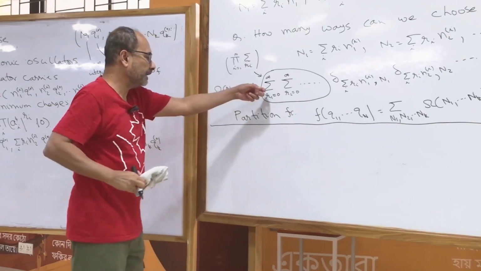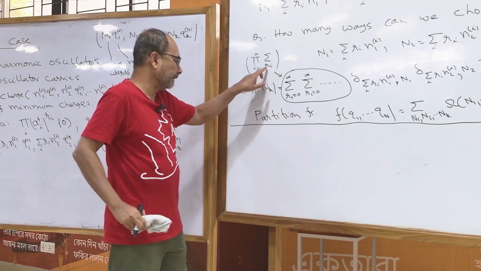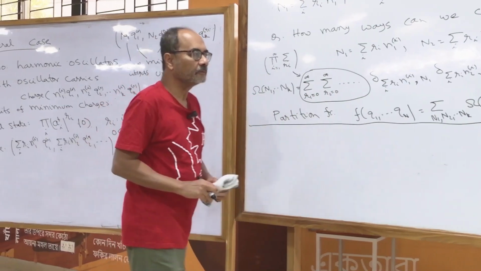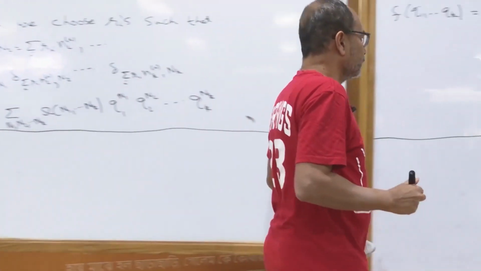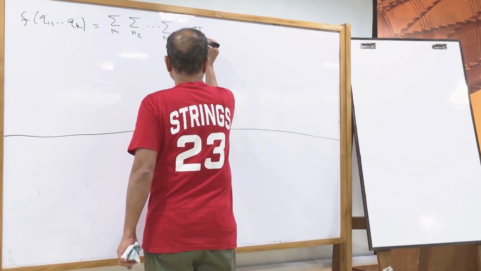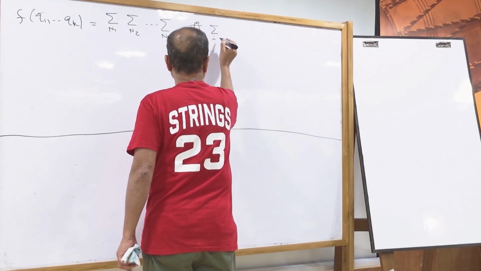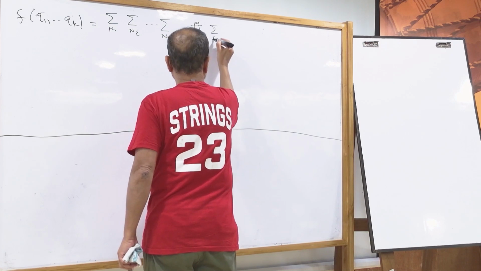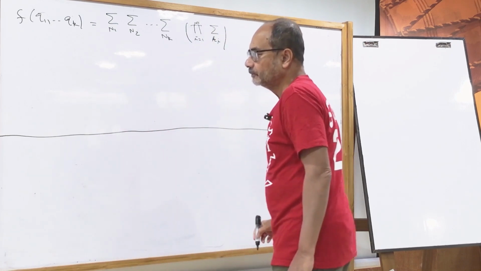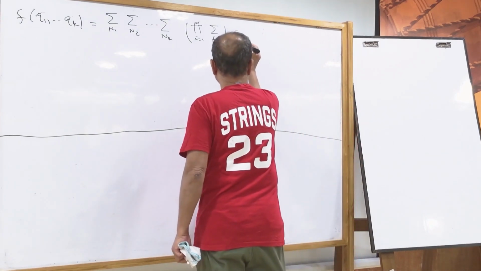So this basically means that you have to take the sum over Ri for every I. So let me write it that way: product over I equal to 1 to infinity, sum over Ri. And then those delta functions.